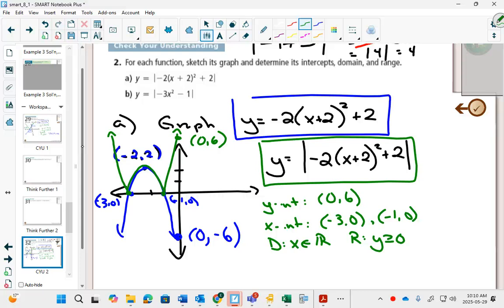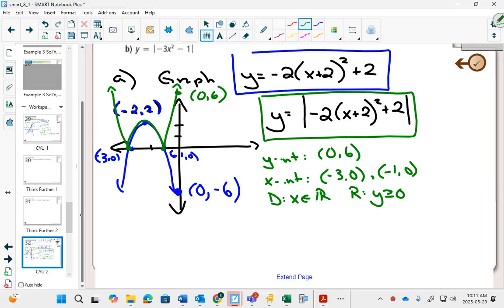So again, color coding it, I graph the inside first, then wherever my y values were positive, absolute value would keep them positive, and wherever my y values were negative, the absolute value would make them positive, which is like flipping them up over the x-axis.